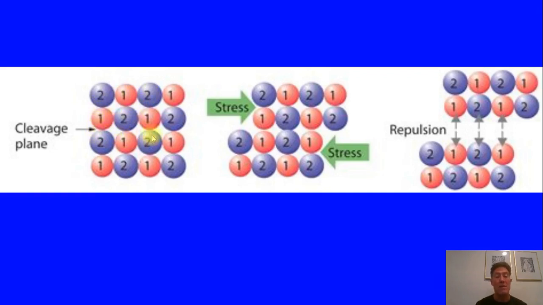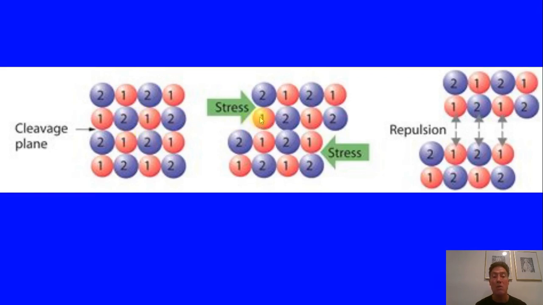So when everything is sitting here fat and happy, these bonds are very, very strong. But it only takes a slight bit of movement, a slight bit of stress. If we can shift this 2, for example, over one space, one atom, then all of a sudden, instead of being attracted to this 1, it's going to be sitting over this 2.